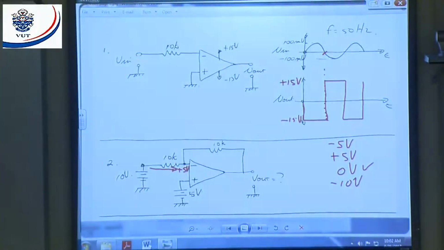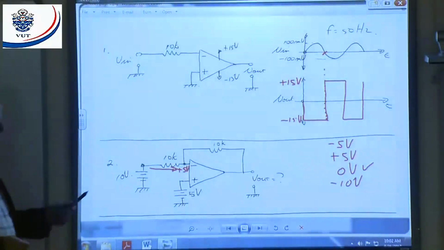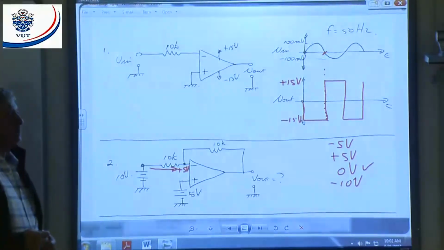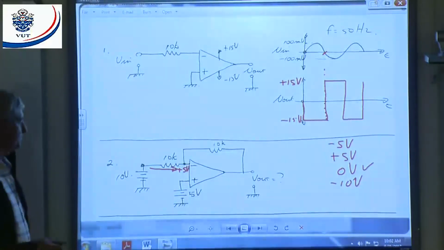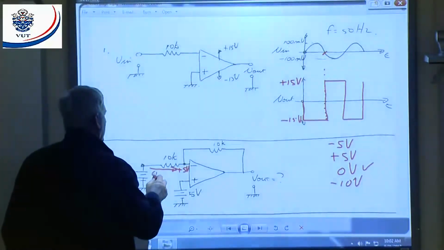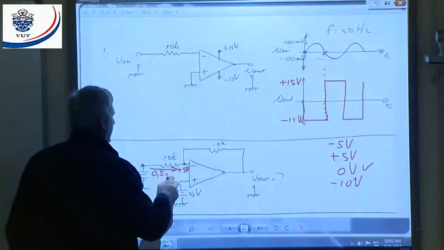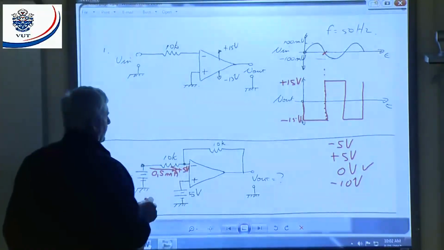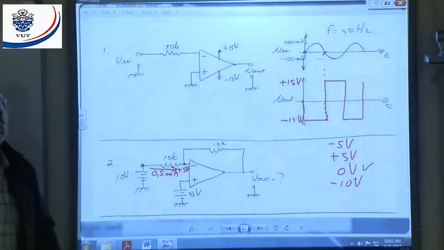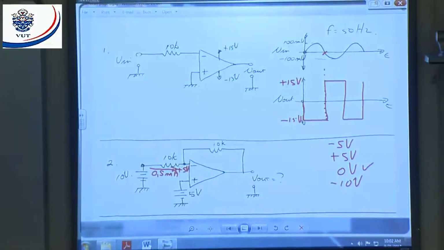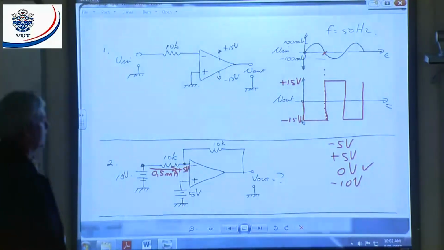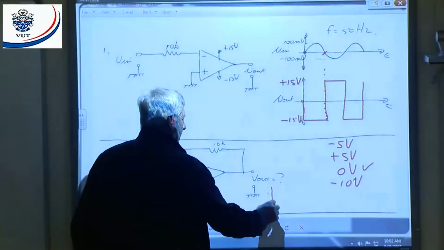If I work out the current, it's going to be 5 volts divided by 10K, which gives 0.5 milliamp flowing in that direction. That means the op-amp will adjust its output in a negative direction to get that current to flow.